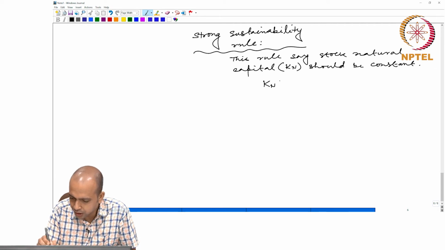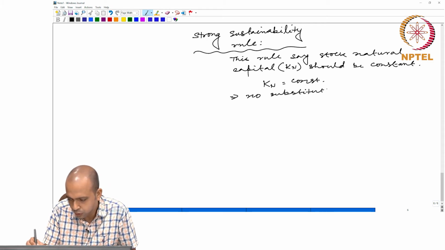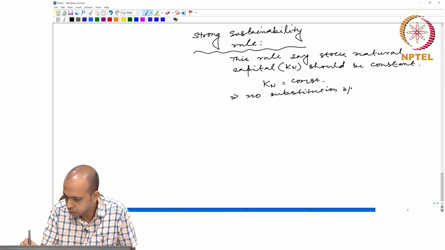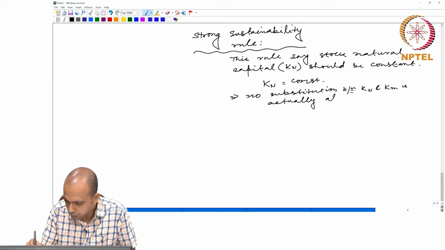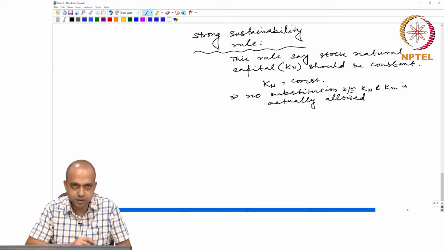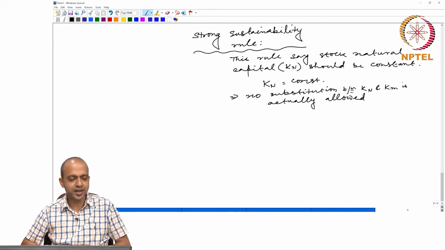When I say Kn equals a constant, it implies that no substitution between Kn and Km is allowed. So, the strong sustainability rule says that natural capital is in no way a substitute for man-made capital.